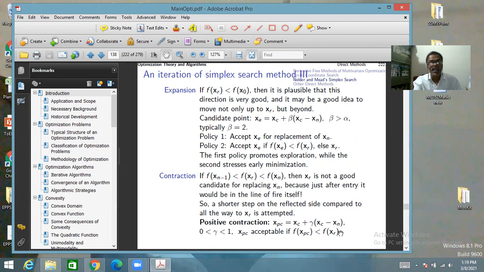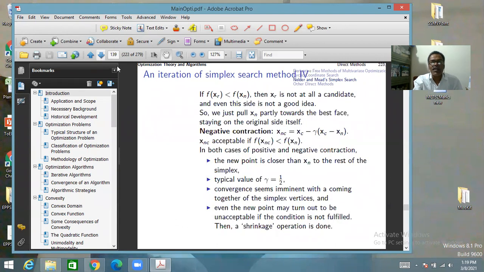It may still be worse than the second worst, but you do not go on trying with gamma. Whatever gamma you have taken, you stick to it, okay? So you accept this contracted point if the function value here is at least better than the reflected point, okay? Otherwise, what to do? We'll talk about it.